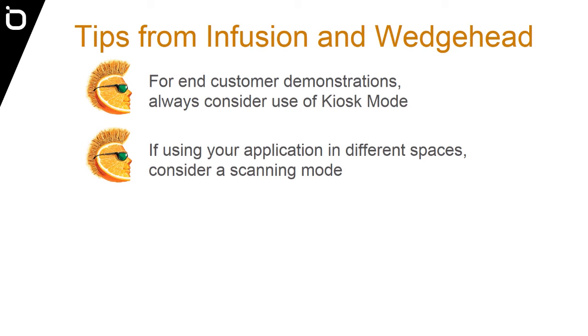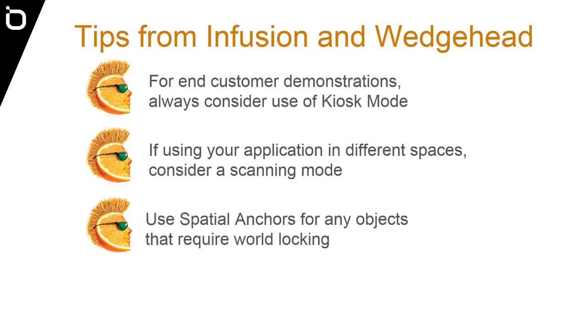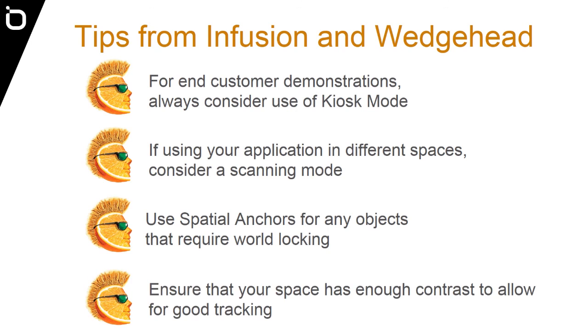It really allows the administrator to identify what's in the room, if there's any bias, if there are any holes. You should also make sure to use spatial anchoring for any objects which require world locking. So anything which should remain fixed in place, use these spatial anchors. And then finally, make sure that your space is good enough for tracking, has enough contrast, and isn't a blank white wall or something like that.